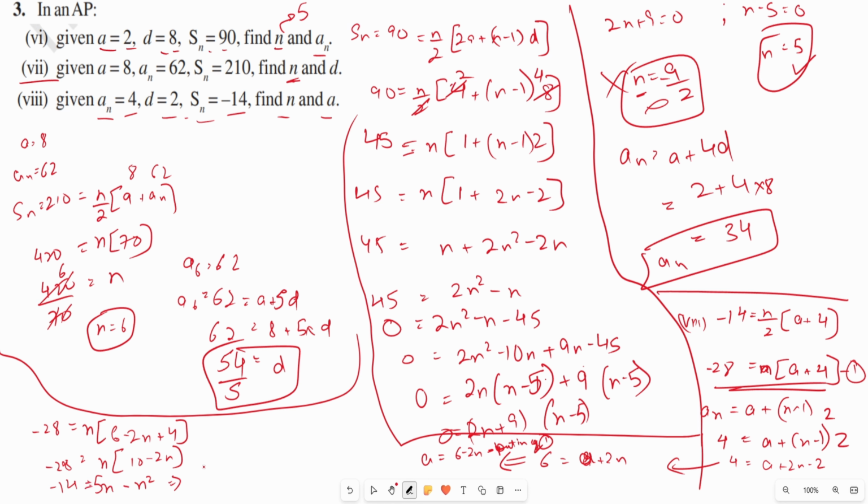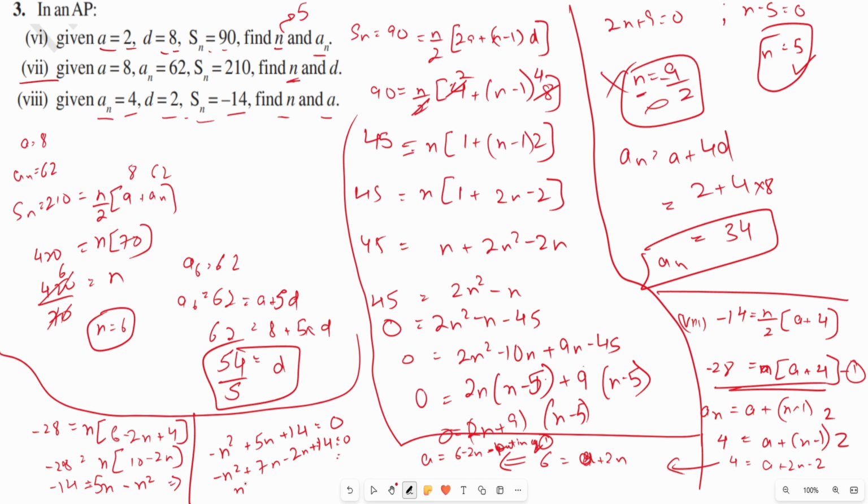Using middle term splitting, by adding 14 to both sides, I will get minus n square plus 5n plus 14 = 0. Now minus n square minus 2n plus 7n plus 14 = 0.